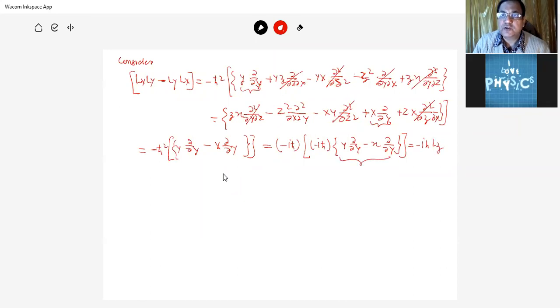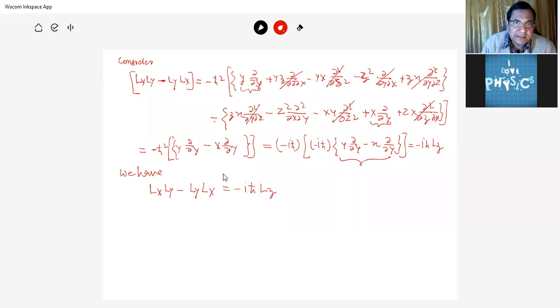This is the expression of Lz. So what we find, we have LxLy minus LyLx is equal to minus iħ cross Lz.